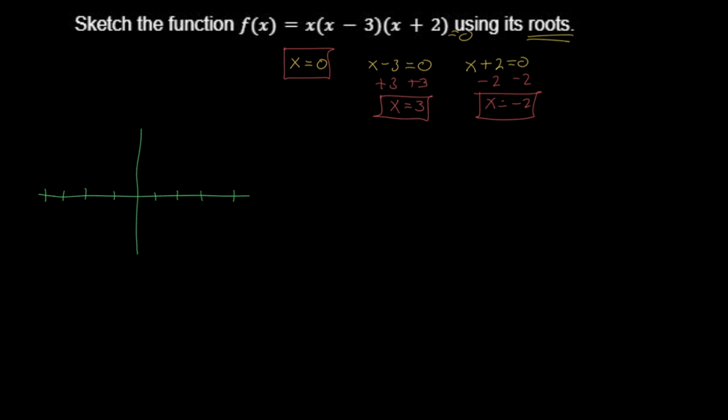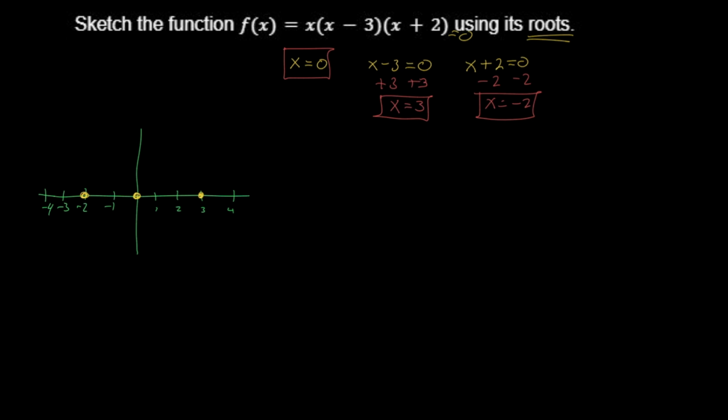So just labeling 1, 2, 3, 4, negative 1, negative 2, negative 3, and negative 4. Our x-intercepts are at 0, 3, and negative 2.